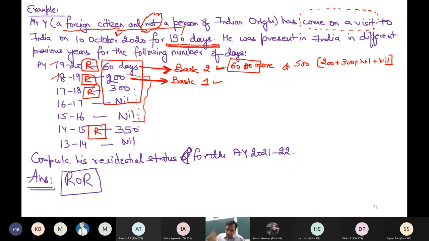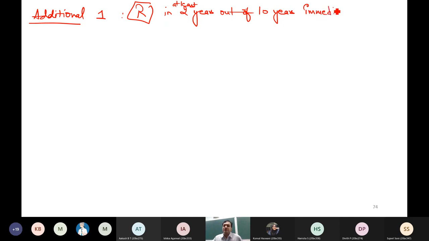So additional 1 is also satisfied in the present case. He is resident in at least 2 years out of the 10 years immediately preceding the relevant previous year.